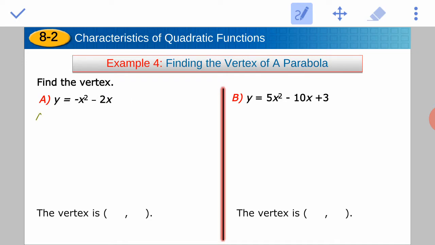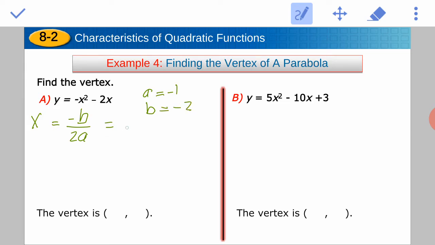We use the formula x equals -b over 2a in order to get the equation of the axis of symmetry, and we can use the same formula to get the x coordinate of the vertex, because the x coordinate of the vertex is the same as the line of symmetry equation. So guys, let me identify a and b at the beginning. a is -1 and b is -2.